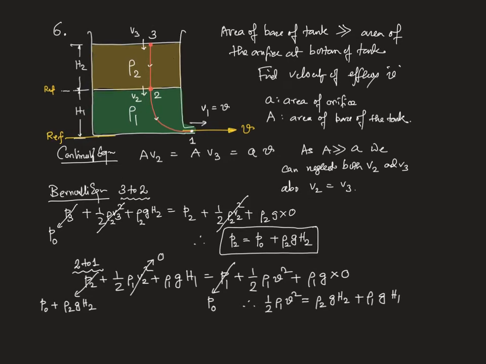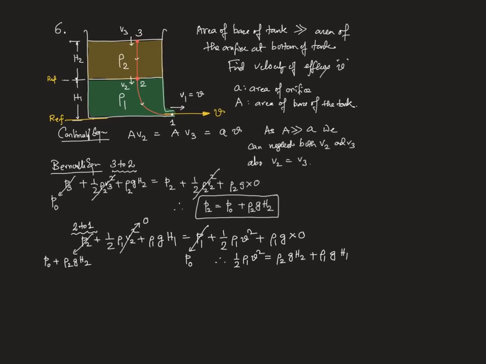So therefore we can find V as: V is equal to root over 2g multiplied by H1 plus H2 rho 2 divided by rho 1. So this is the answer. This is the velocity of efflux of the liquid coming out of the hole at the bottom.